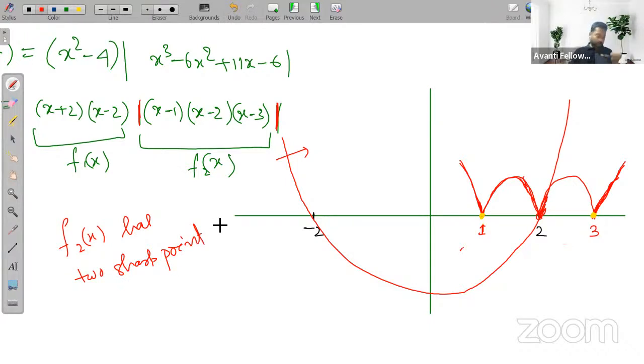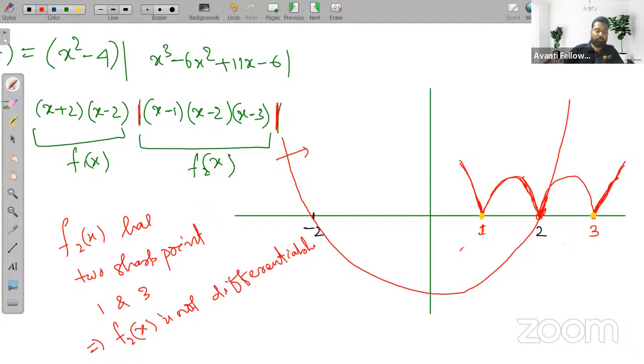Sharp point means at those points we can draw infinitely many tangents, where the slope is not defined, right? Those points are 1 and 3. So f2(x) is not differentiable at x equal to 1 and 3.